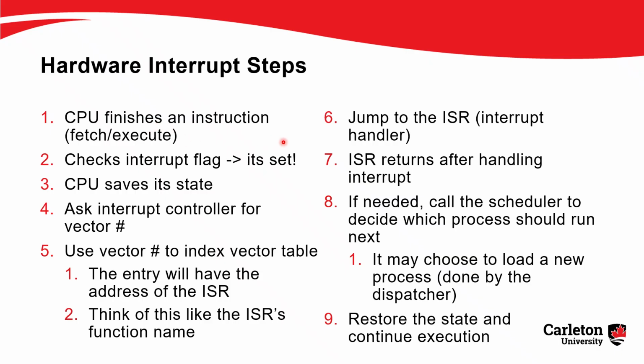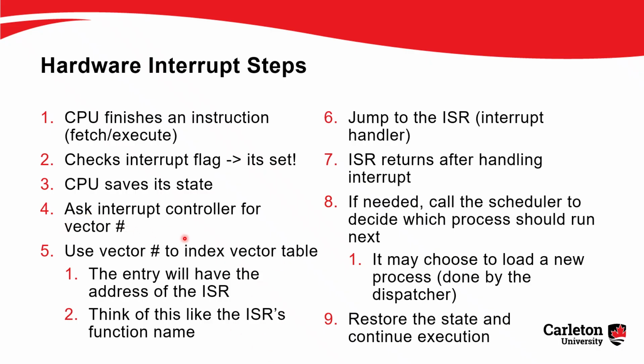Instead, it comes from invoking an instruction. So for specific software interrupts that we call traps, they invoke a special instruction, usually called INT or something along those lines, with an integer. And the integer is actually the vector number, so it tells you which specific handler to load.